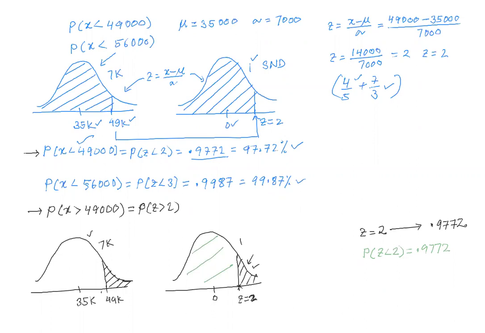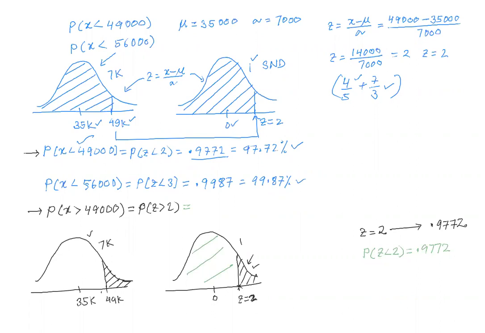So how do I find the area to the right? Anybody? How do I find the area to the right? Subtract it from 1. Okay, who is talking? Jessica? Okay, Jessica. Why? You are right, by the way, Jessica, but could you explain yourself?